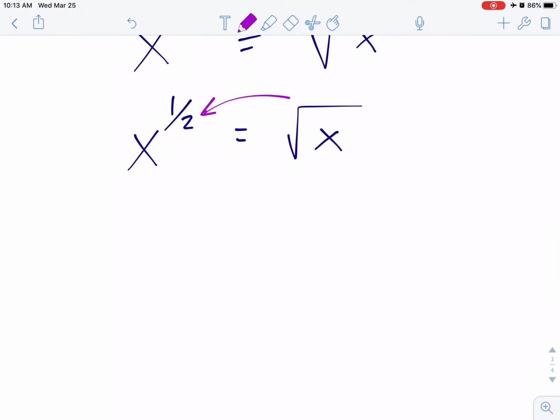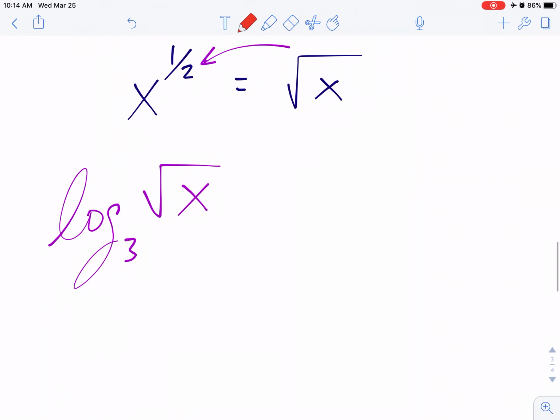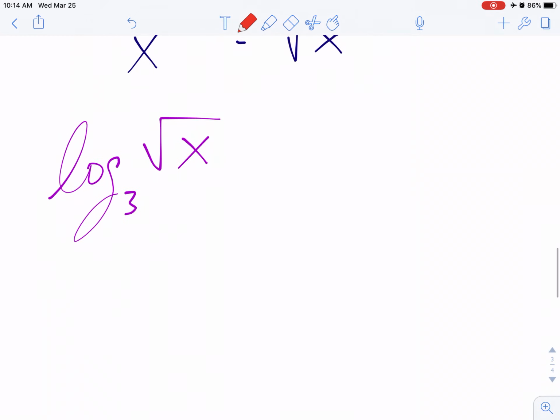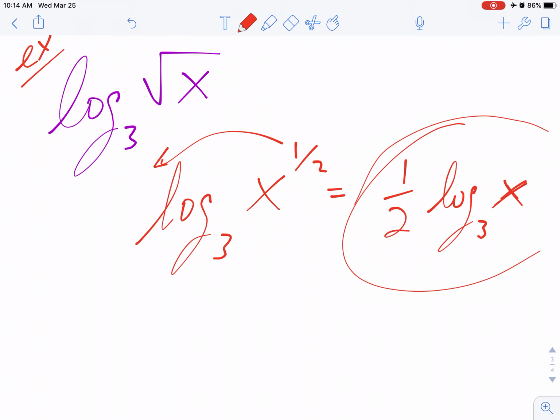So for example, if I give you log base 3 of the square root of x, and I ask you to rewrite that, expand it, using one of those properties, we're going to use the power rule, actually. But you have to remember, if this is the original problem, that this is equal to log base 3 of x to the 1/2. Then you can expand it. You can bring this 1/2 down front. So 1/2 log base 3 of x would be the expanded form, basically.